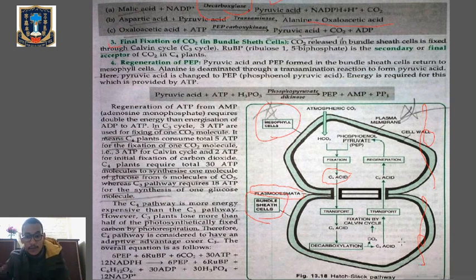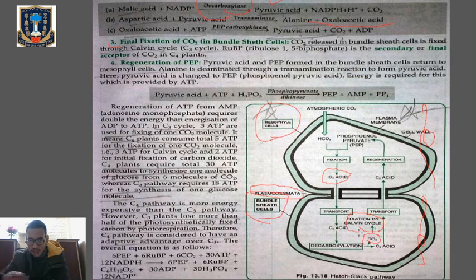The carbon dioxide released in the bundle sheath cell will now be fixed with the help of which cycle? The Calvin cycle, or the C3 cycle. And what is the carbon dioxide acceptor of the C3 cycle? It is RuBP, ribulose 1,5-bisphosphate, and this is the final acceptor of carbon dioxide in C4 plants.